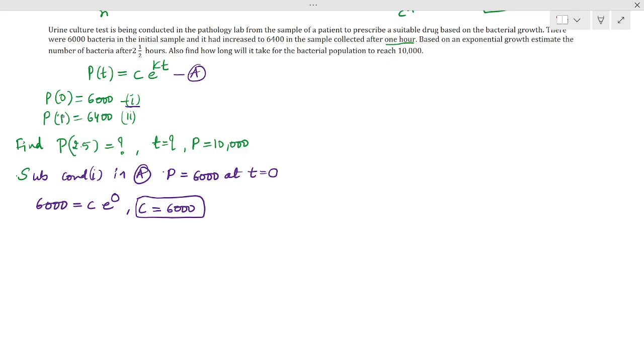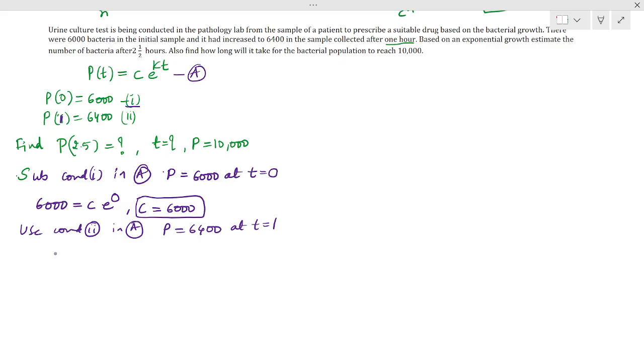Now you can use the second condition. What is condition number 2? Substitute P is equal to 6400 at time t is equal to 1.